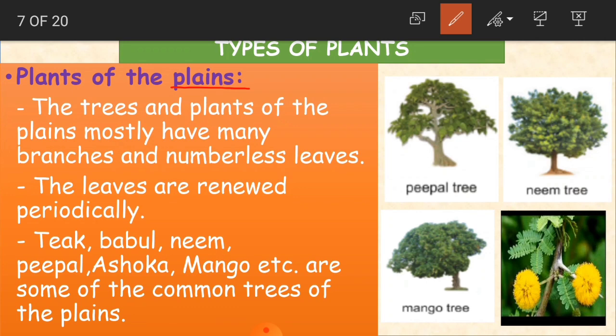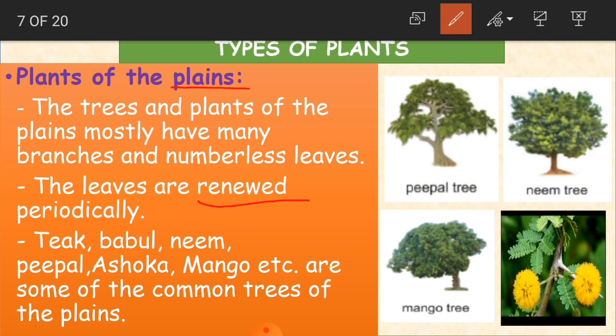The trees and plants of the plains mostly have many branches and numberless leaves. In the sense that we can't count them, so many leaves.